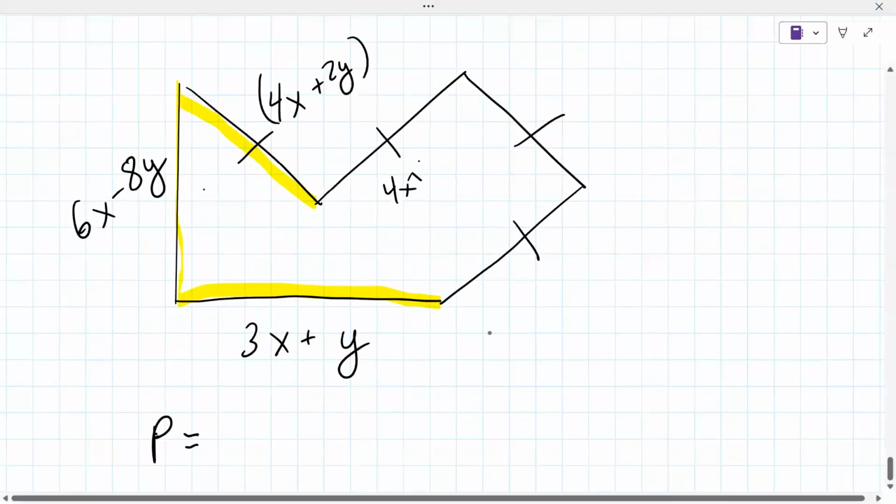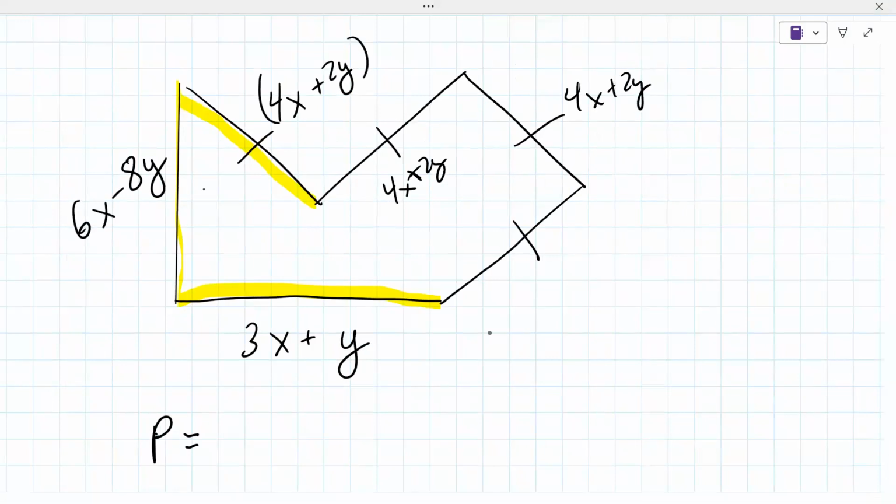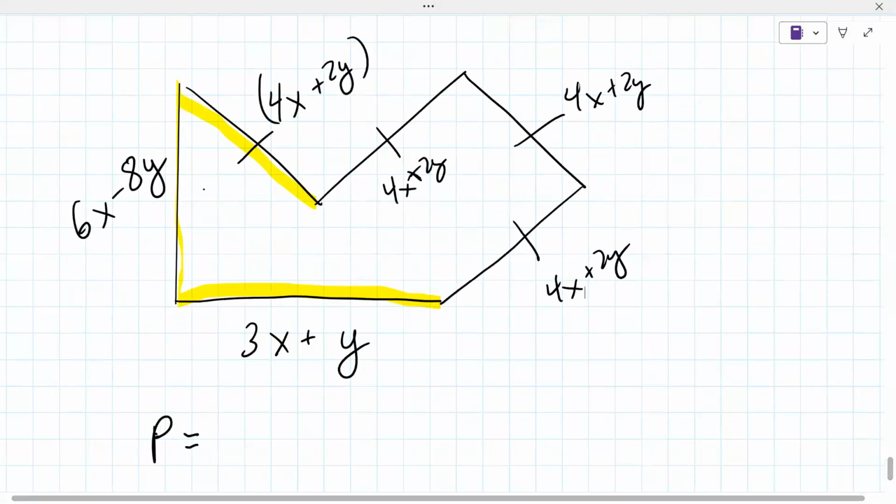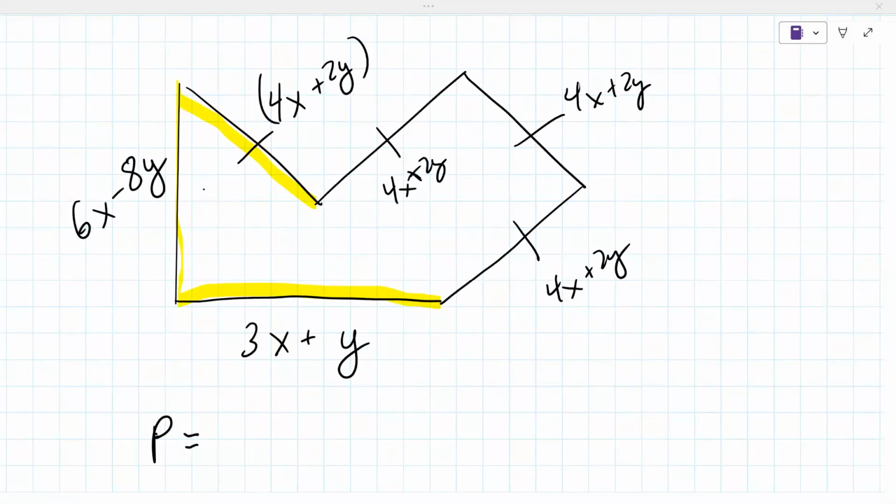So these other ones are also 4x plus 2y, 4x plus 2y, 4x plus 2y. 25x plus 1y.